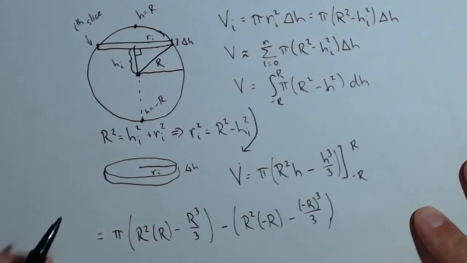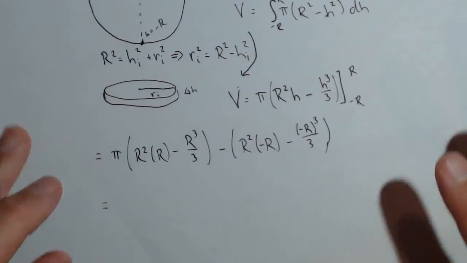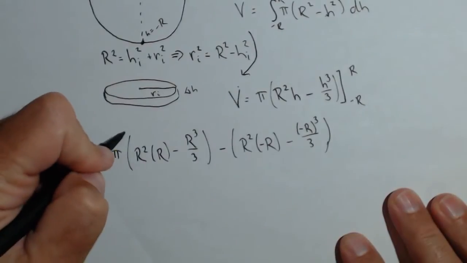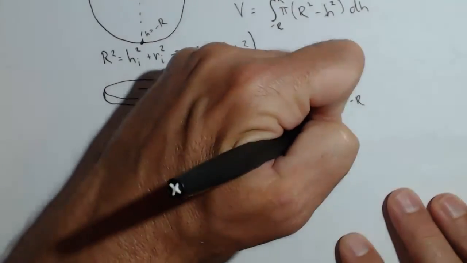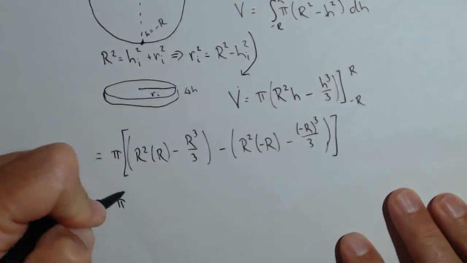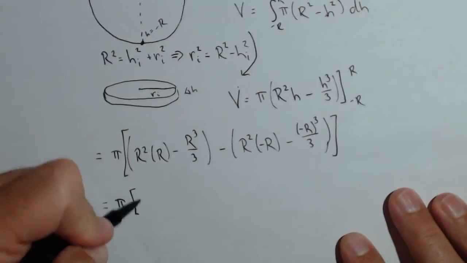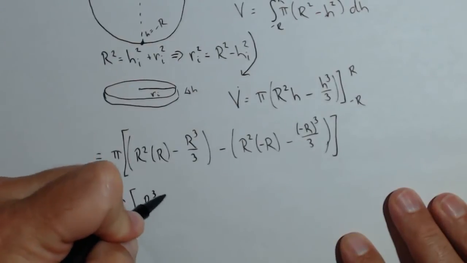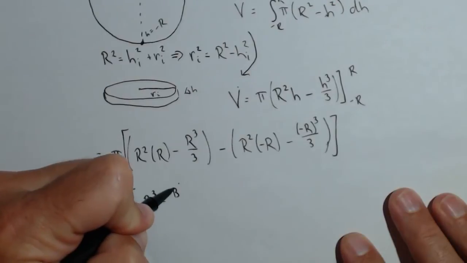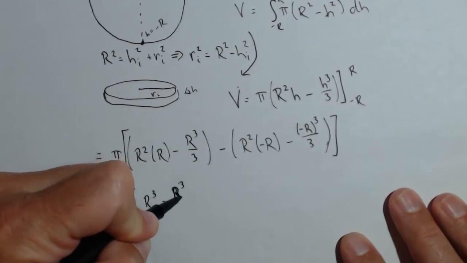And the last little bit of work is going to be to simplify this. Missing a set of parentheses there. So we have pi, and in the brackets we have an r cubed minus r cubed over 3.